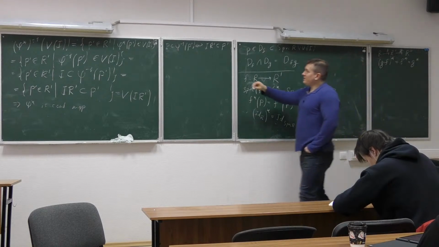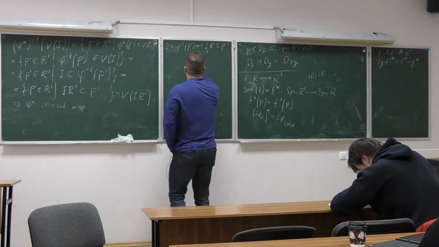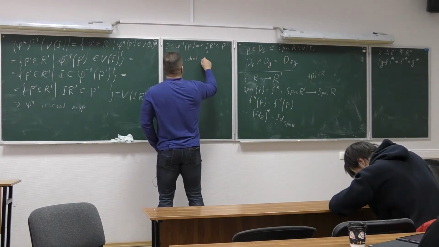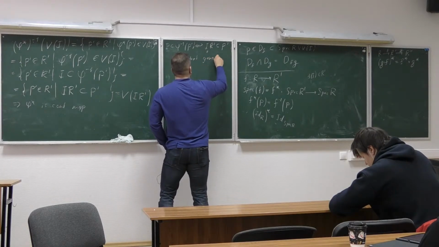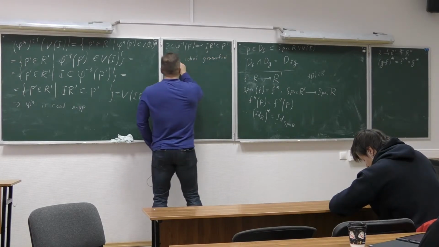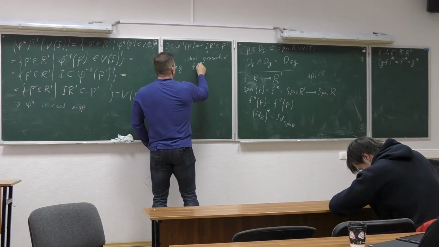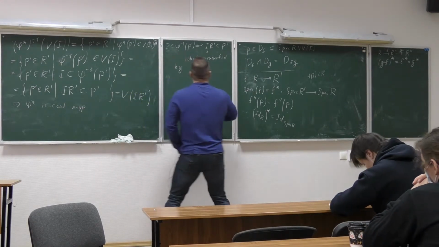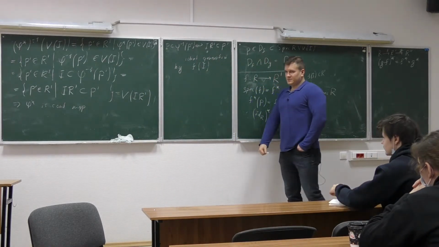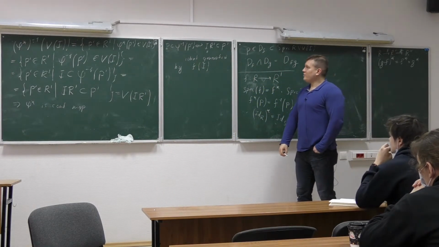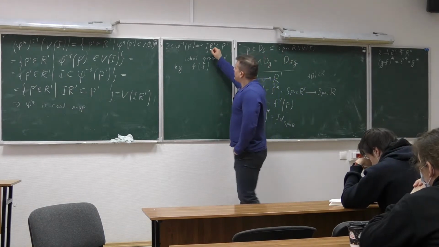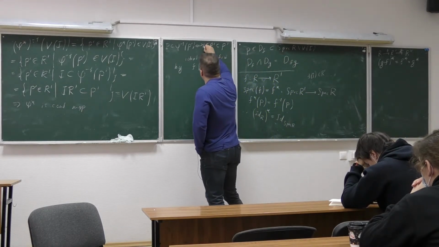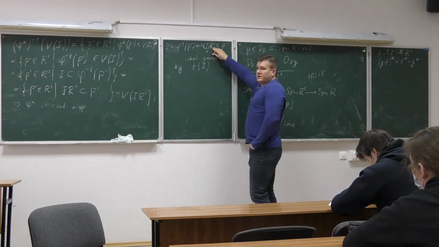So by definition, this is the ideal generated by f of I. Well, maybe to be completely precise, I would need to write something like this: f applied to I and then product with R'.